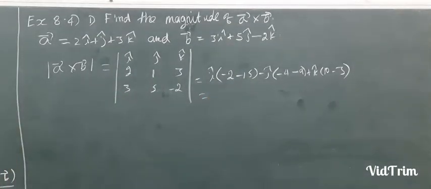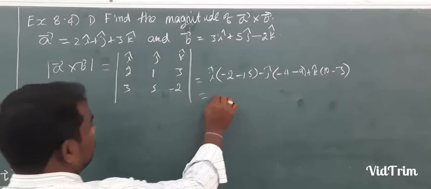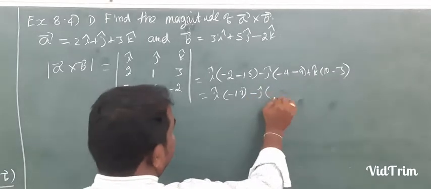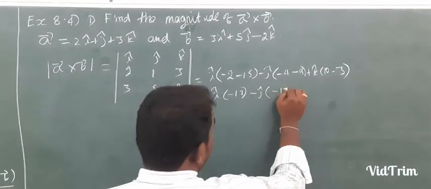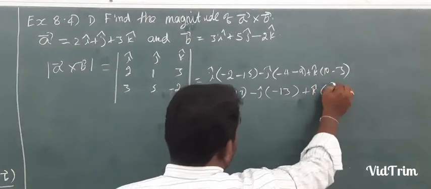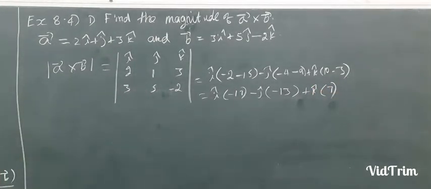Therefore, it is i cap into minus 17, minus j into minus 13, and plus k cap into 7. Then we simplify and take the square root of the sum of squares.